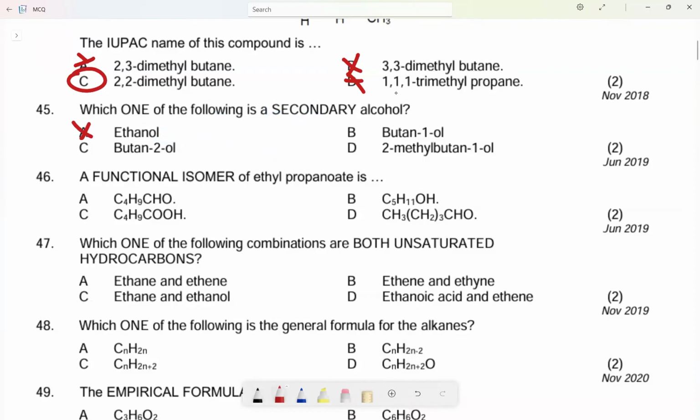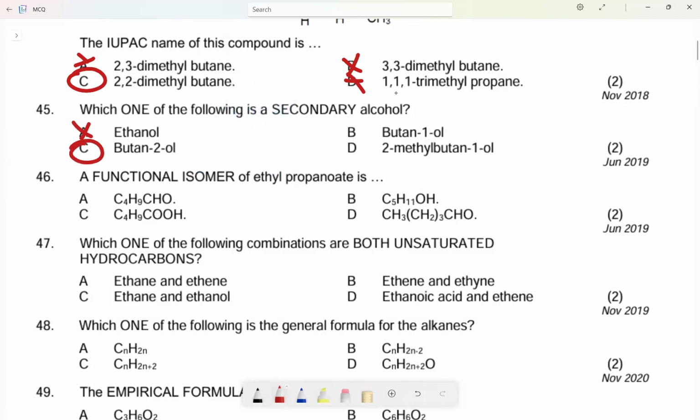No. Butan-2-ol: butane 1, 2, 3, 4, and on carbon number 2, I have an alcohol. Can you see the carbon bonded to the hydroxyl group, which I refer to as the king, is bonded to this one and this one? So it is secondary. So the most correct answer for me is number C.